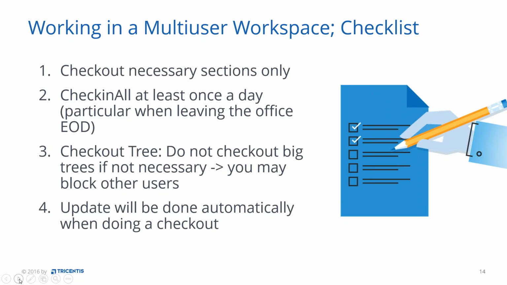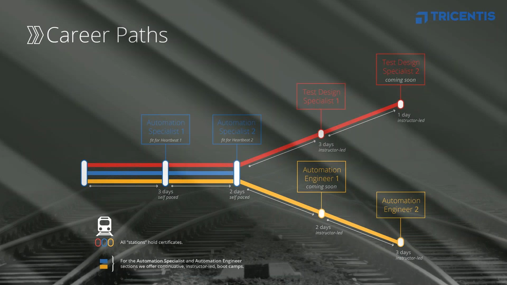Check in at least once a day. Please don't check out the tree because you'll block other users. And update: the item that you'll be using is updated automatically when you check it out. So let's look again at Tosca.